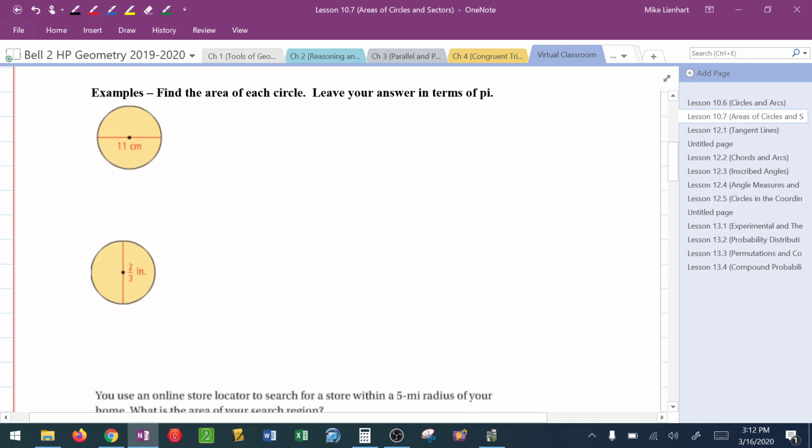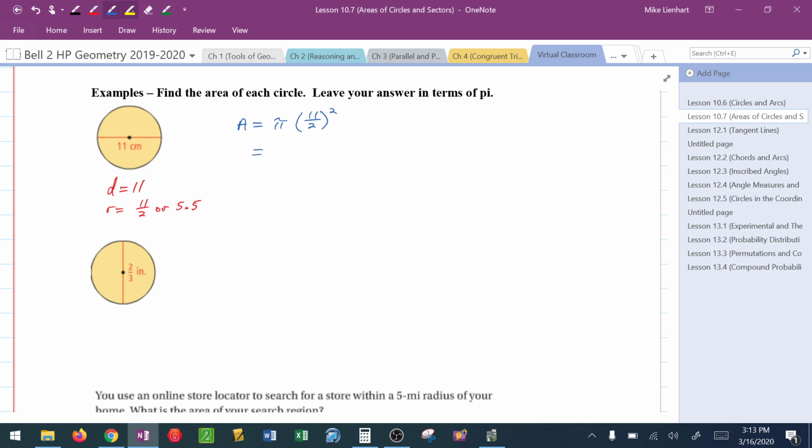So let's take a look at these examples. In this first problem, they give me that the diameter is 11. If the diameter is 11, I know that the radius is 11/2, or I could write that as 5.5. I'm going to go ahead and use 11/2. Now to find the area, I'm going to take pi times the radius, 11/2, squared.